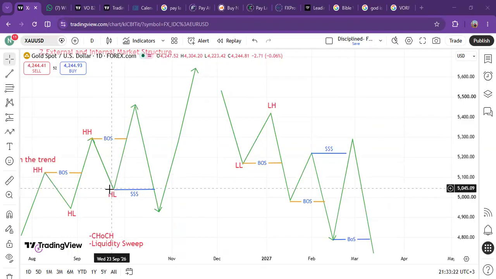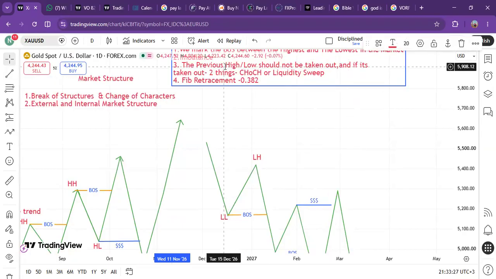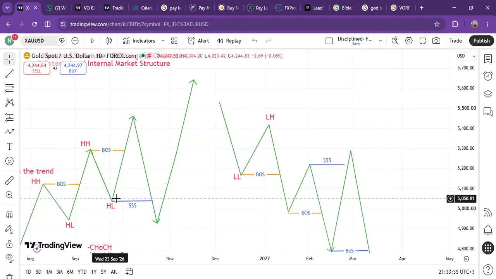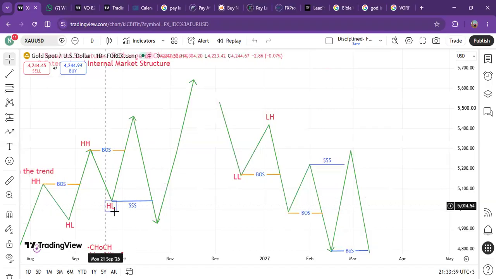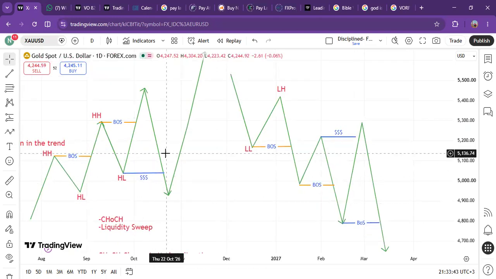If the market takes out the previous or recent low, and the market closes below here, then you should know that a change of character has occurred.